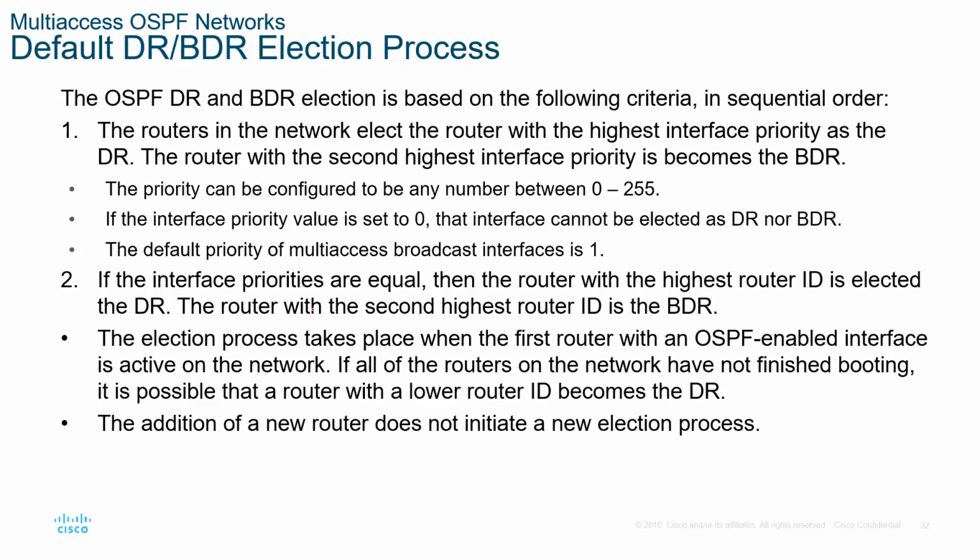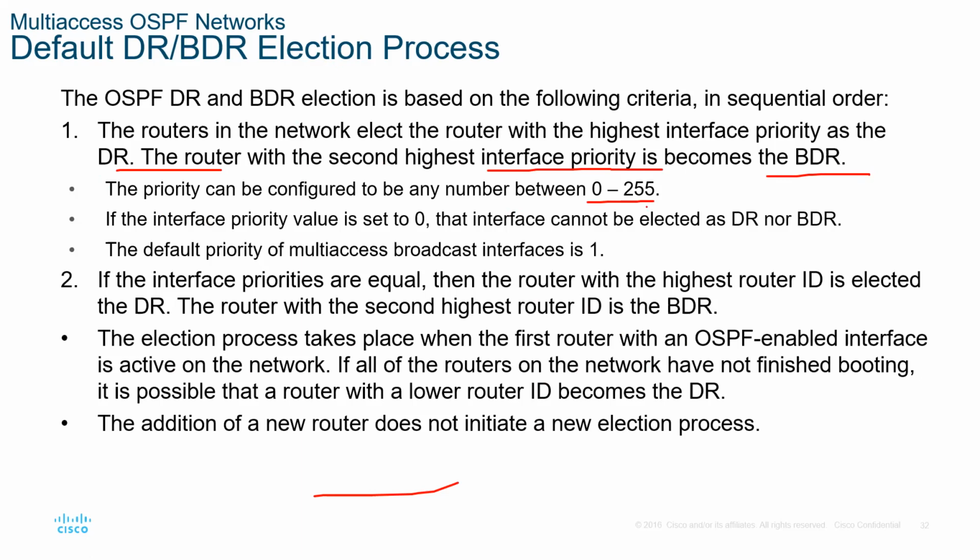Now, the default election process is that the routers in the network elect the router with the highest interface priority as the DR. And then the second highest interface priority becomes the BDR. The priority ranges between 0 to 255.